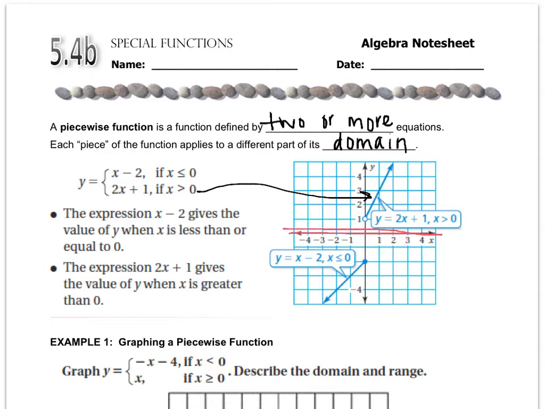When the x values are on the positive side, then that's the line you look at. When the x values are on the negative side, that's the line you look at. Now, typically, the function is not always centered at the 0. It can be centered at other values, so I don't want you to think it's always centered at just the positive or negative 0 split.